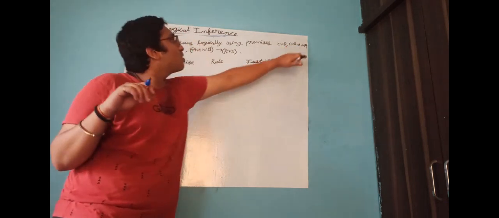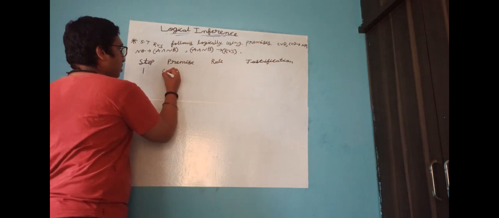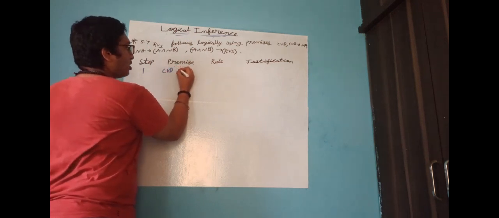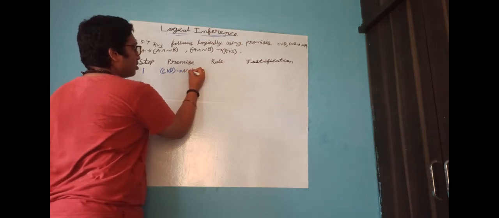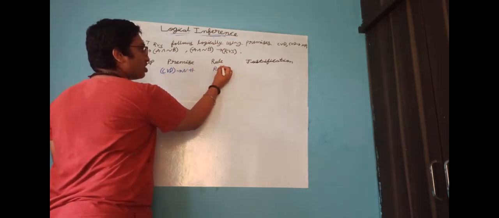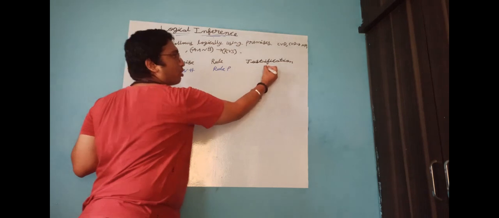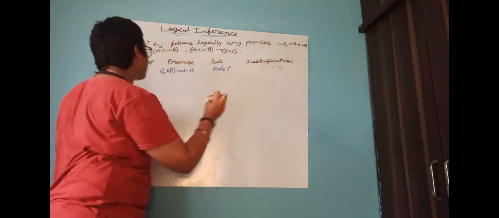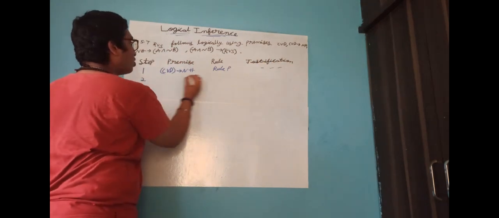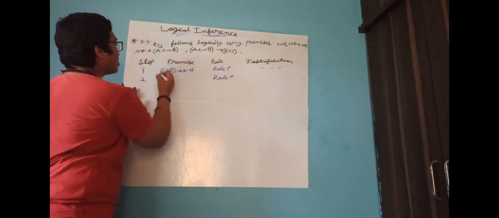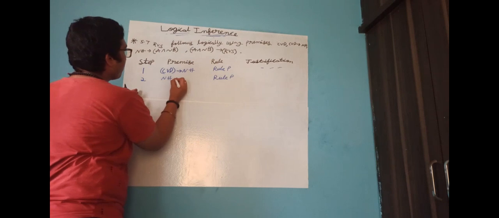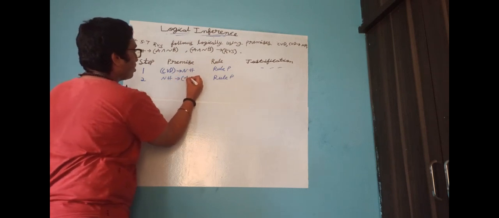First take this one, C or D implies negation H, by rule P, because you are just introducing the premise. That is all you should write here, introducing the premise. Next, again you are introducing another premise, that is negation H implies A and negation B.